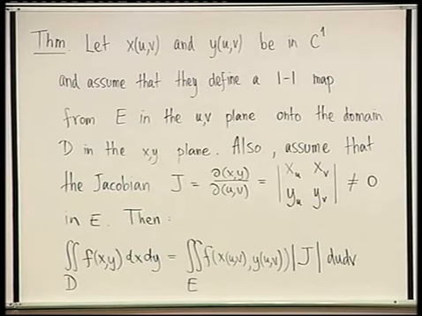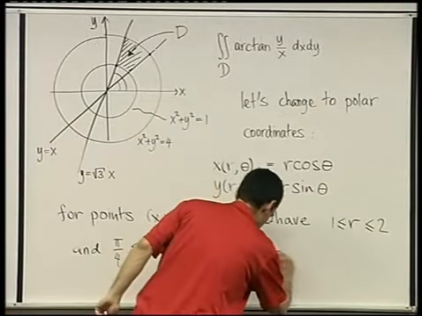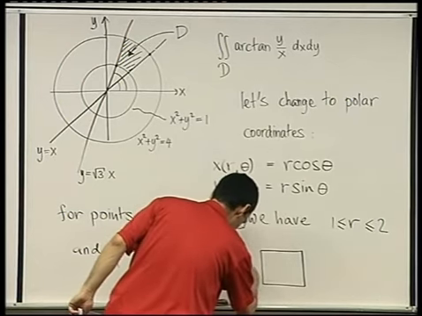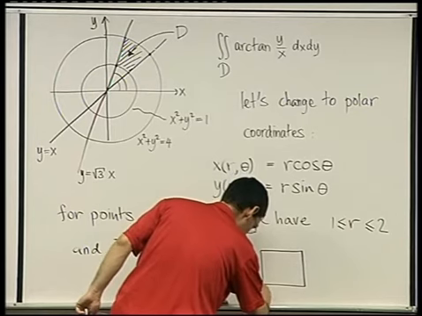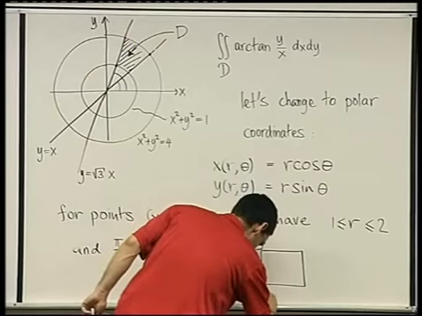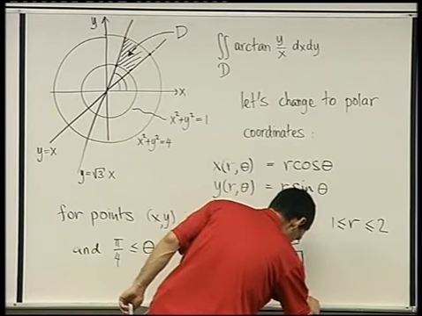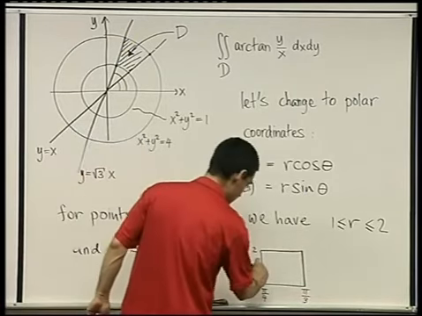The domain in the xy variables was this thing, and we transferred it to the rectangle E. E was the rectangle where in r and theta, r was between 1 and 2, and theta was between pi over 4 and pi over 3. Do you agree? This was the domain in r and theta.